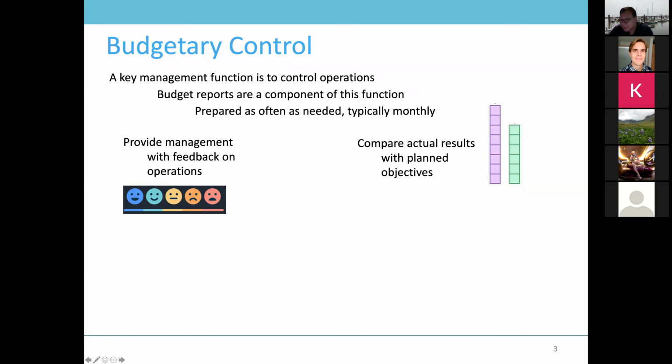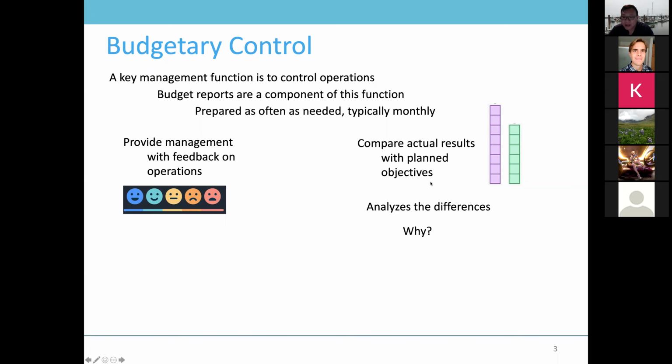Nothing will turn out to be exactly the same number, so you're going to see the difference and analyze it. You want to ask: what causes, what drives this difference between the budgeted numbers and actual results?